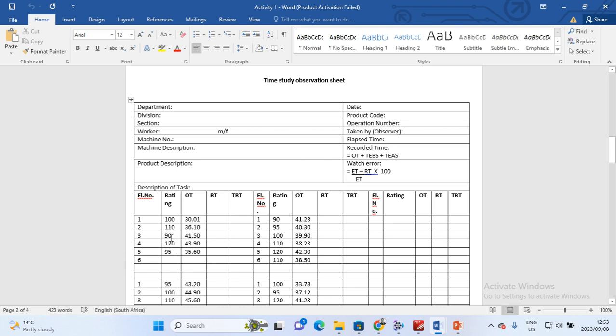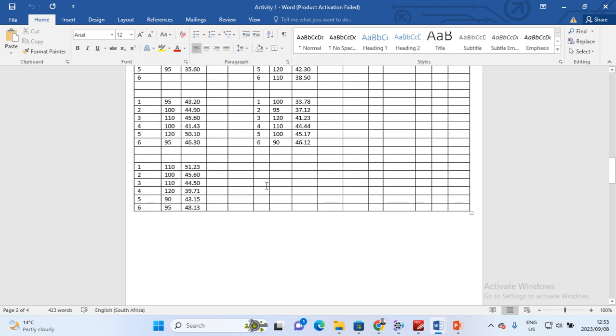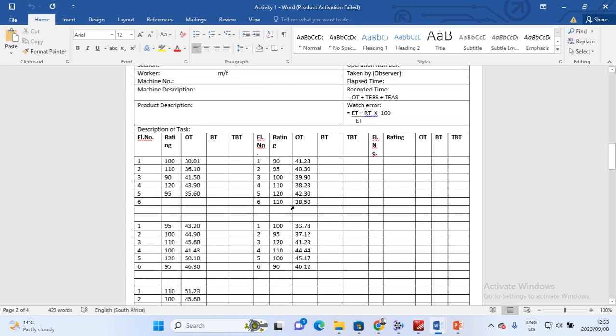This is your cycle 1, cycle 2, cycle 3, cycle 4, and cycle 5. And each of the cycles has 6 elements. If we may proceed, they're asking us to calculate the total basic time for each so that we may move on.